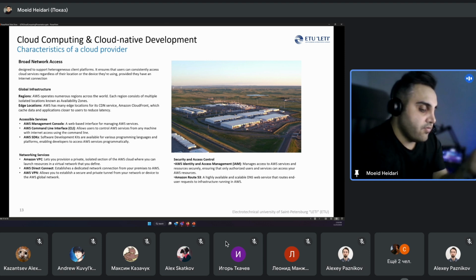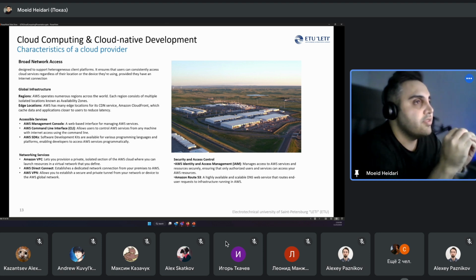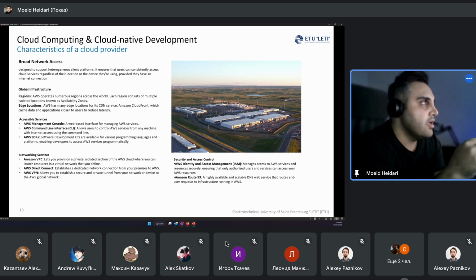So it's one of the major topics in the contract that they have with AWS, and AWS should be completely confident about the broad network access. Let's imagine you are watching a movie, and in the middle of the movie, it just stops. It's not the fault of Netflix, it's the fault of the cloud network provider with the networking. Users should consistently have access to the cloud services regardless of their location or the device they are using, provided they have an internet connection.